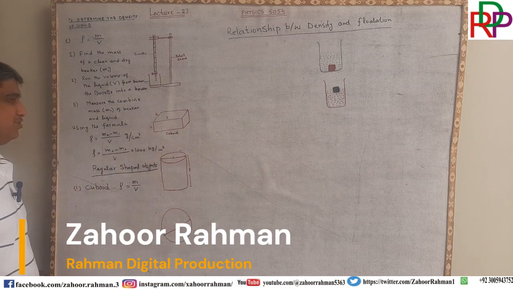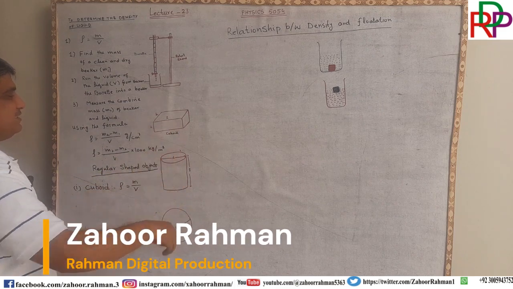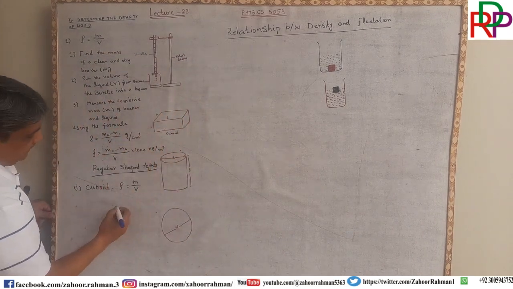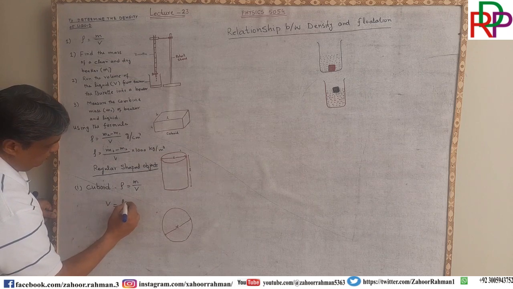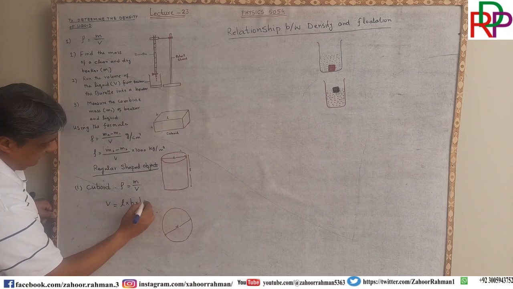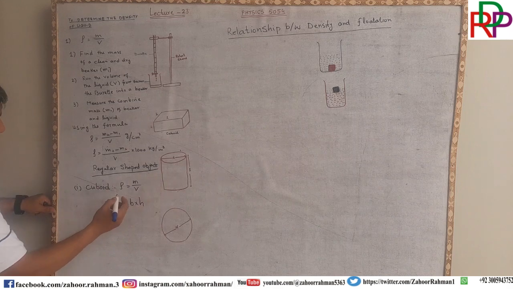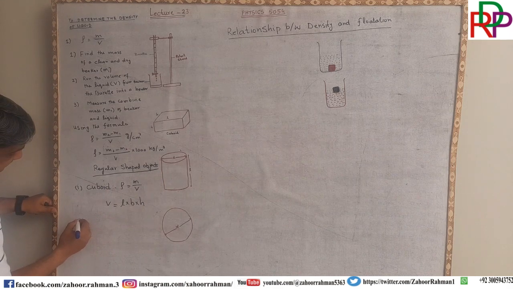First we have to measure the mass of this block through a balance, and then the volume is equal to L cross B cross H. L cross B cross H. And then you have to put all these values inside the formula, and that's it.